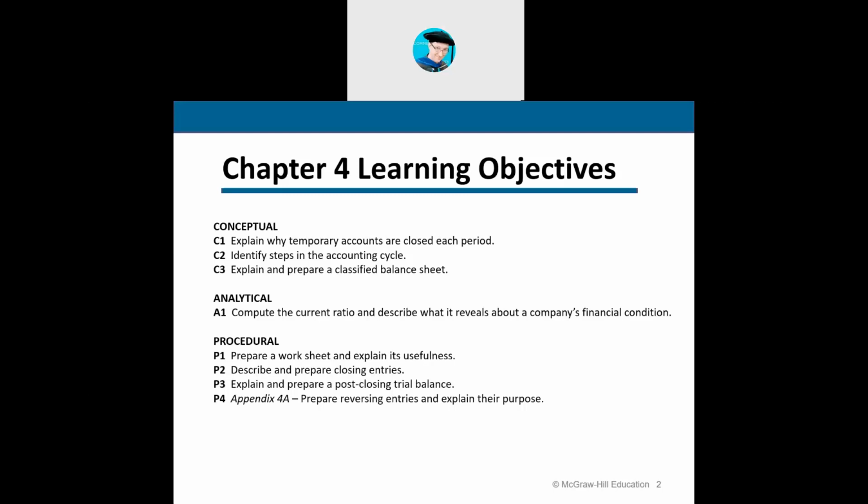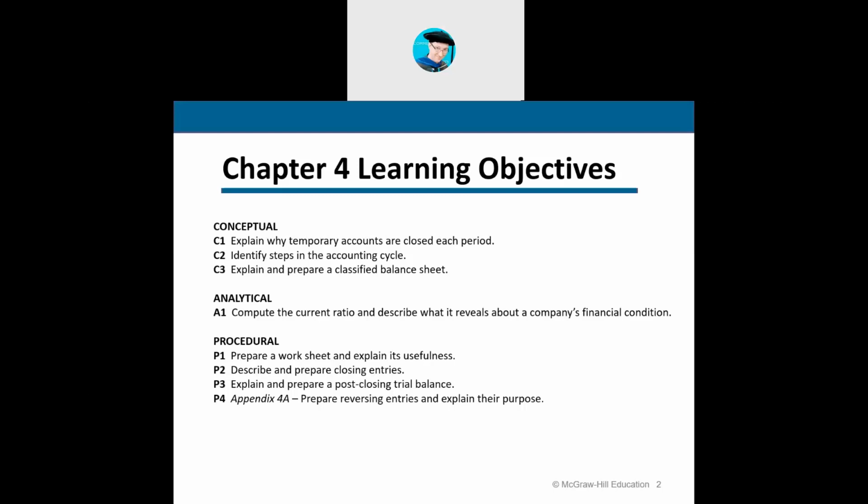So therefore, we need to close our temporary accounts at the end of each accounting period in order to maintain those principles by starting September 1, which is tomorrow, with a zero balance on our income statement, right?